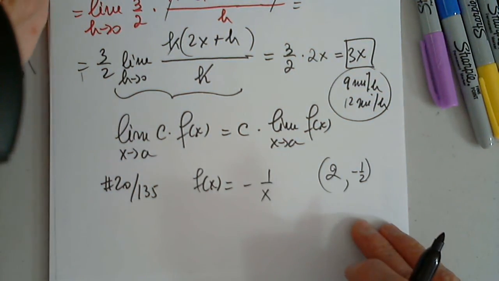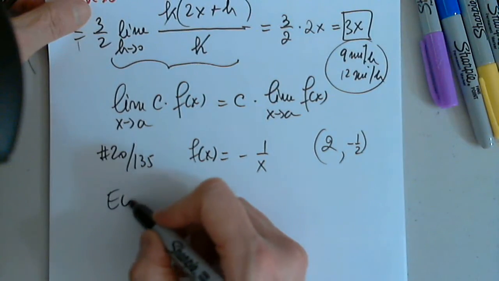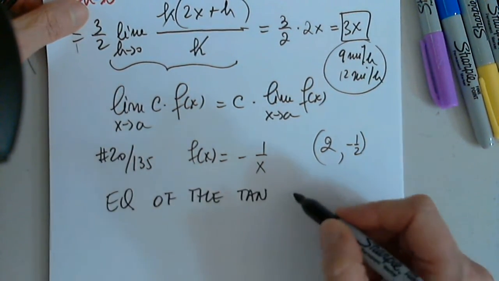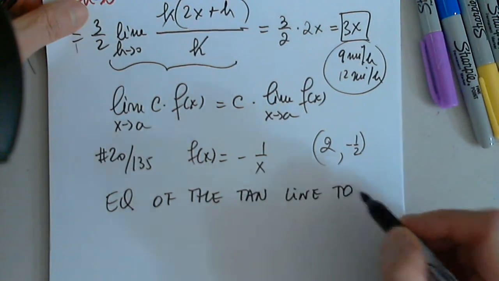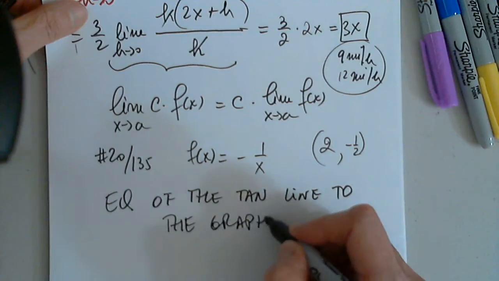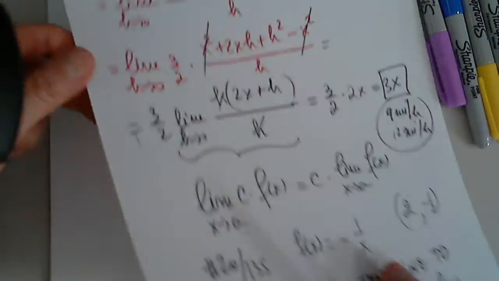Perfect. Okay. So they're asking us to find the equation of the tangent line to the graph of f of x. That's the question here. So we know how to graph this function.